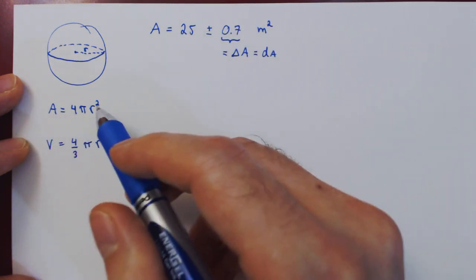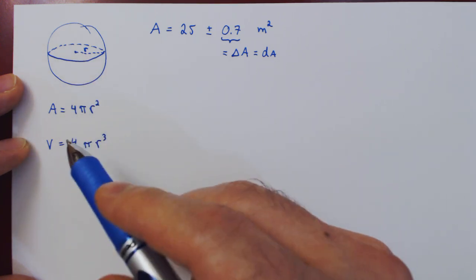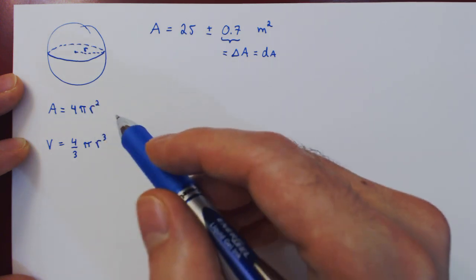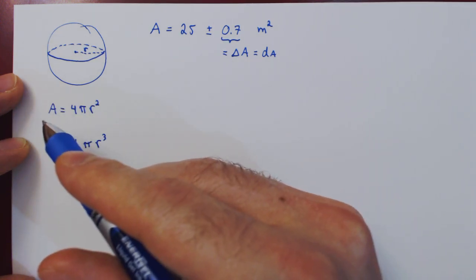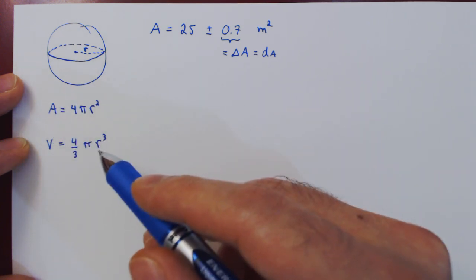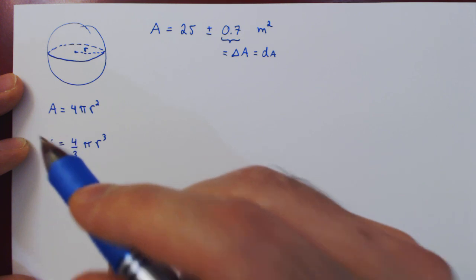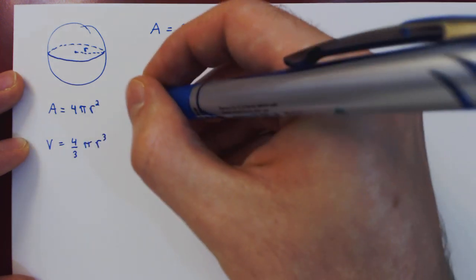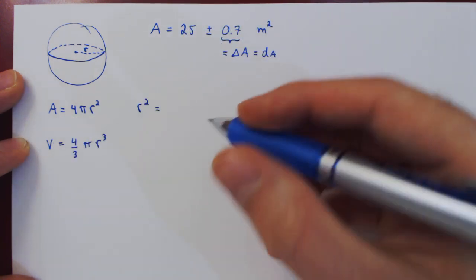So we have both A and V as functions of the radius of the sphere, but we need to find V as a function of A. Well, what we can do is in the first relation, let's isolate r in terms of A, and then we'll substitute this back into the relation with V and r to obtain a relation between V and A. So if you isolate r squared, then you get A over 4 pi.